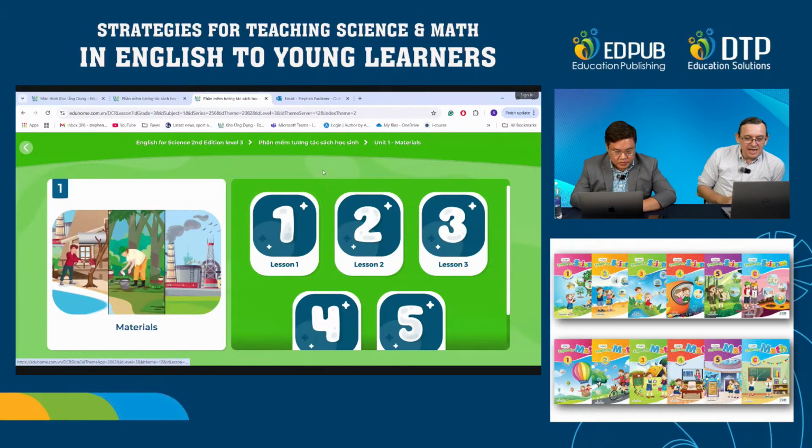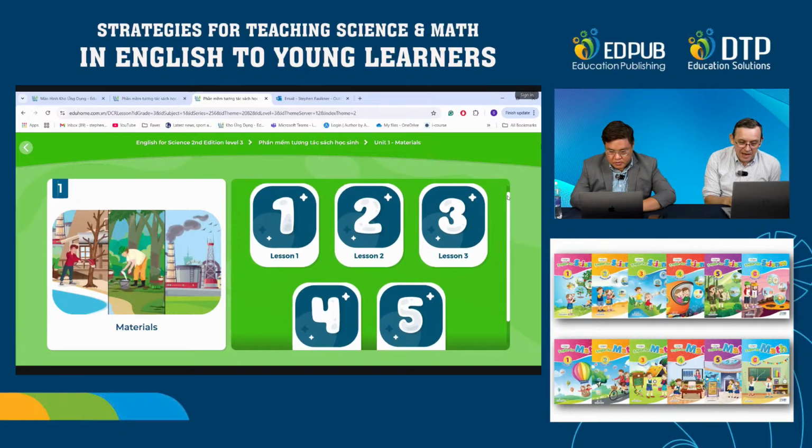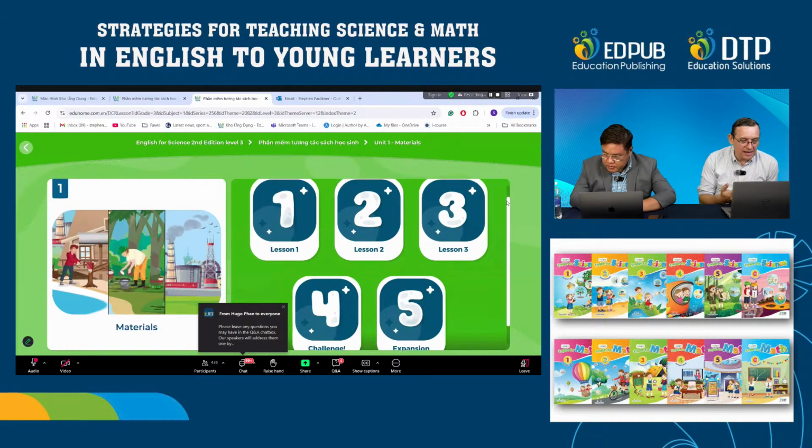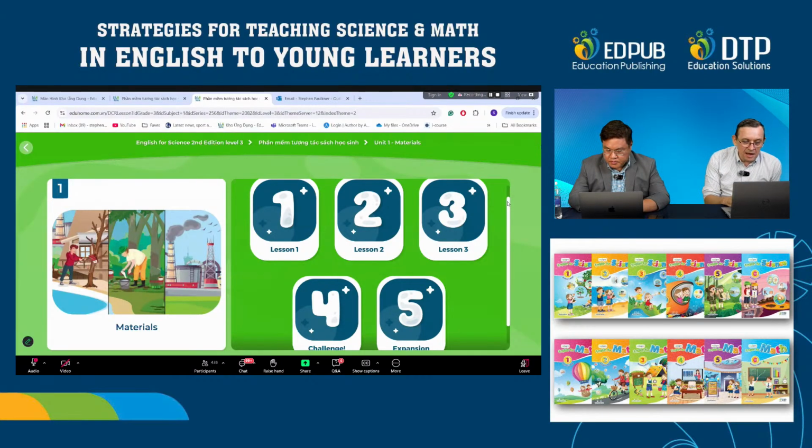Okay, so this is from science. This is from level 3, and this is the software that we use in class as an option. So this is an interactive version of the books with extra activities. So in science, this is unit 1.